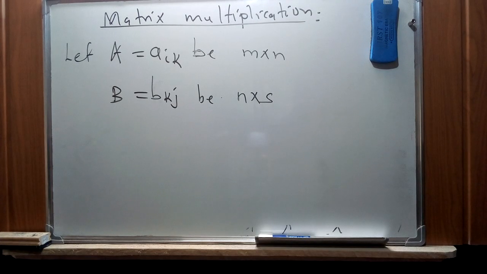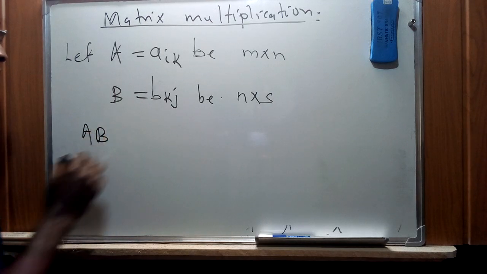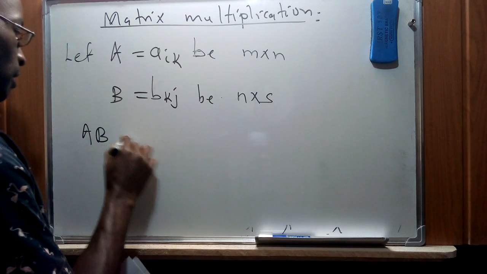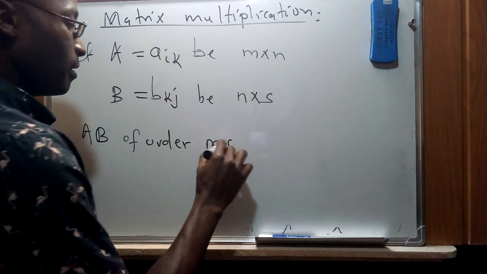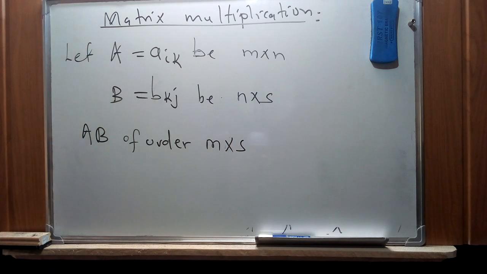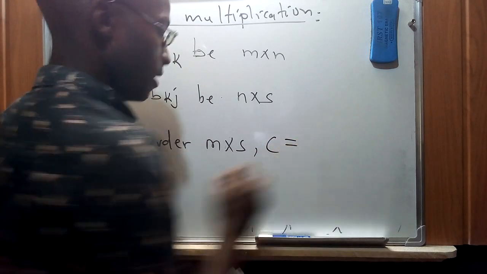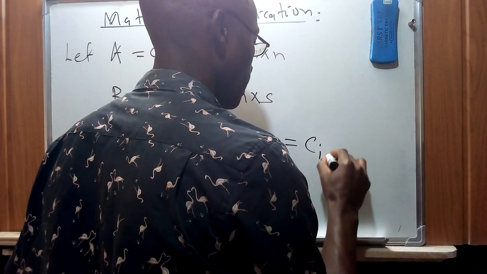So the matrix product AB is going to be of order M by S. The product is an M by S matrix that we can represent as C, which is Cij.